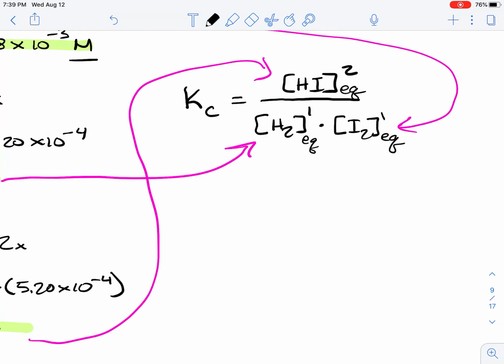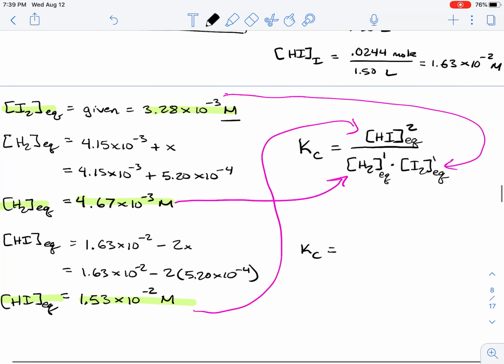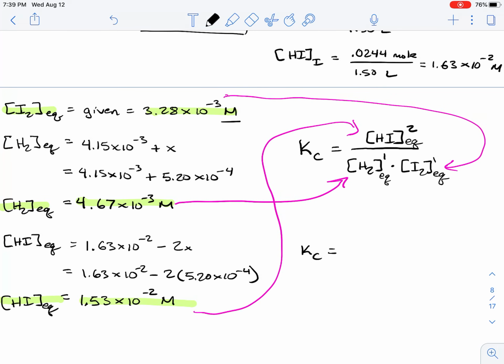And so the value of my equilibrium constant Kc is equal to (1.53 times 10 to the negative 2) squared over 4.67 times 10 to the negative 3, times that by 3.28 times 10 to the negative 3.